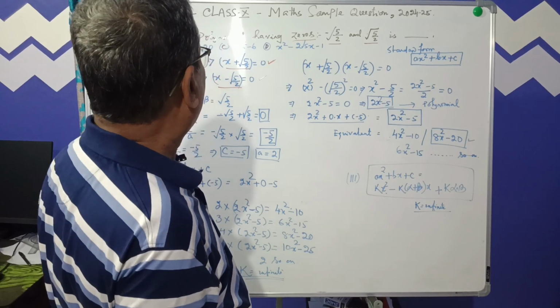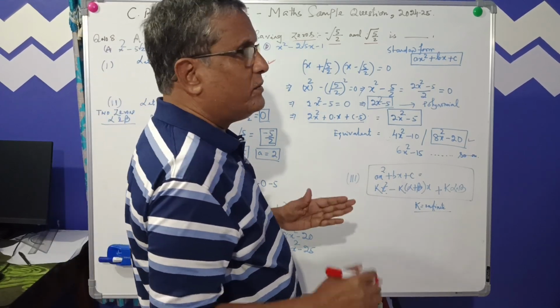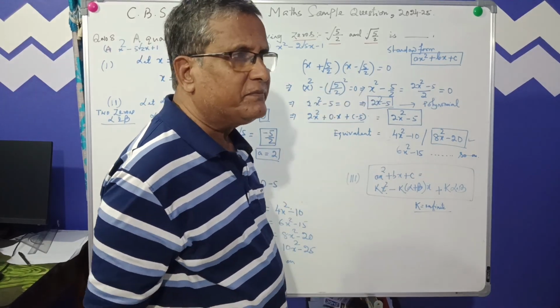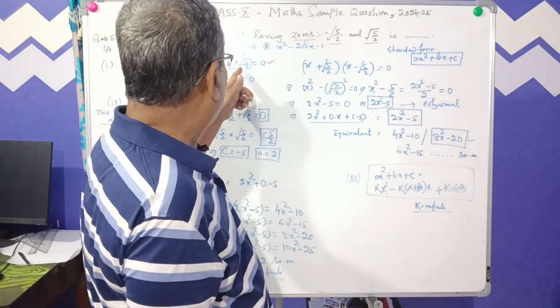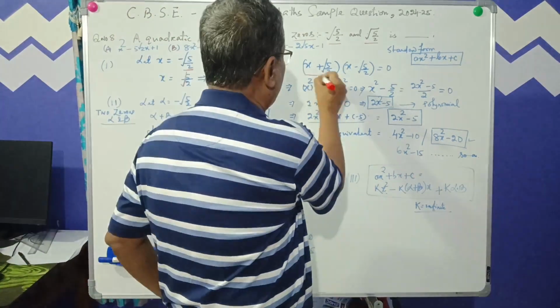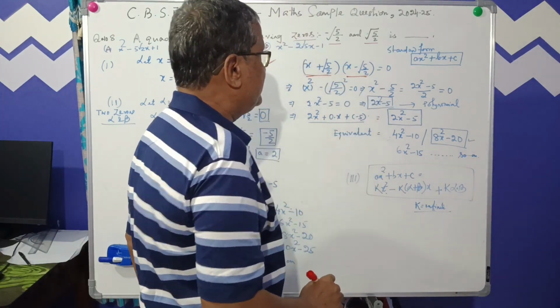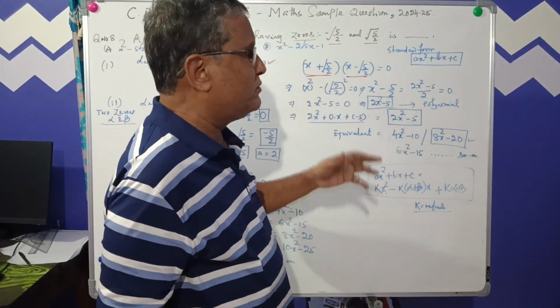The product of two factors will be 0. If we multiply the two factors, this is an expression and this is an expression, and we call them two factors.